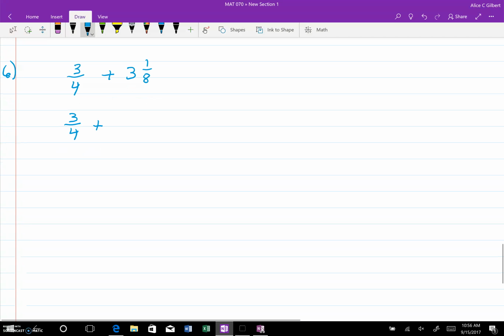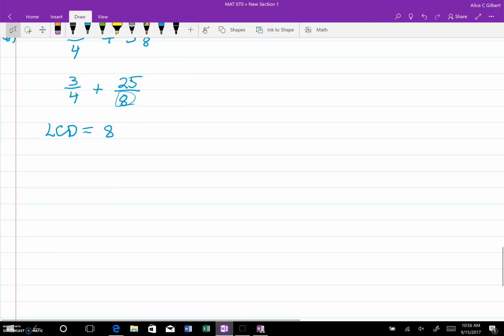So 3 times 8 is 24, plus 1 is 25 eighths, because that's my original. Now I need to get my LCD. So I take the 8. 8 times 1 is 8. Does 4 go into 8 evenly? It does. So 8 is my LCD.